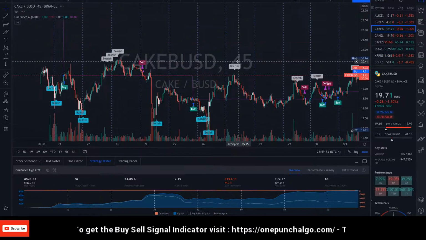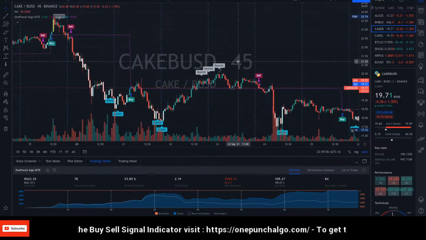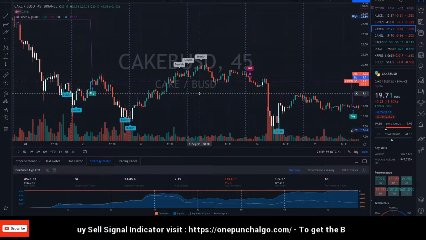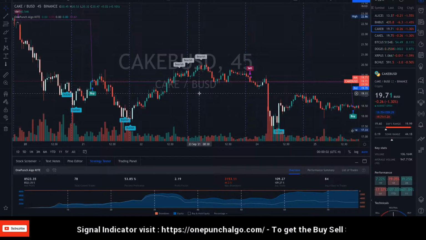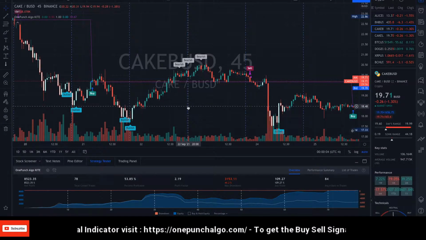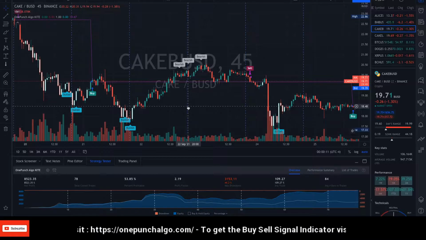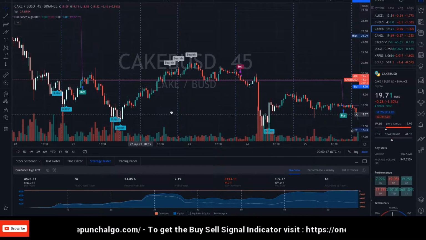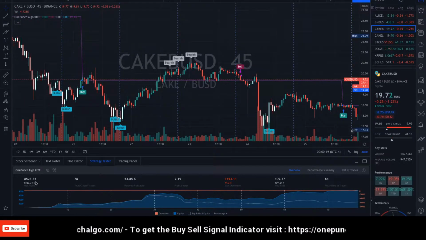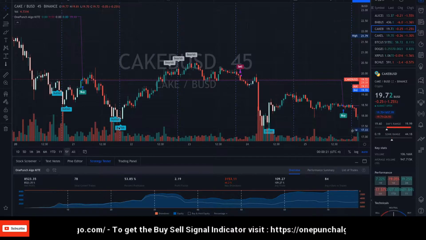and let's go back. OnePunch ALGO KITE also comes with an inbuilt stop loss or risk management system, which helps us to basically reduce big damages. That's why the numbers are highly profitable in this scenario.